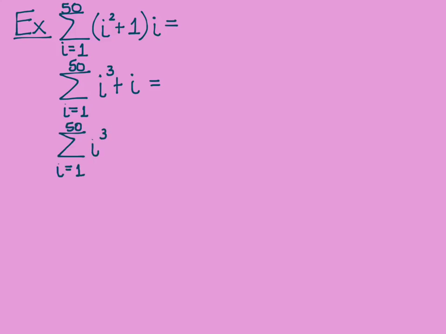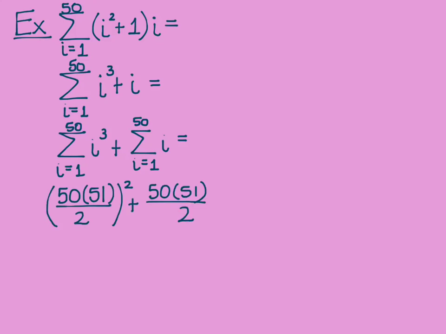Now I can use the sum rule to break this up into two sums, and then I just have to use the cube formula and the single i formula. So remember, the cube formula looks just like Gauss's formula, but squared. So I'm going to get 50 times 51 over 2, quantity squared, plus 50 times 51 over 2.